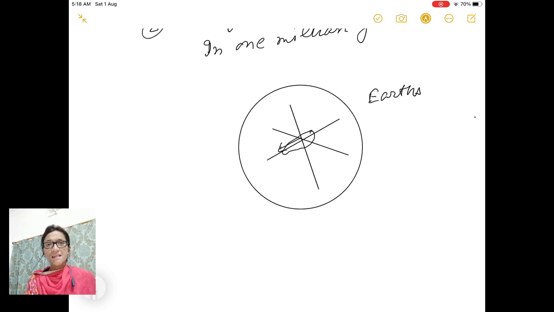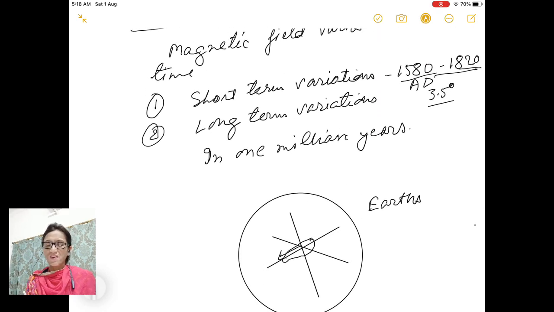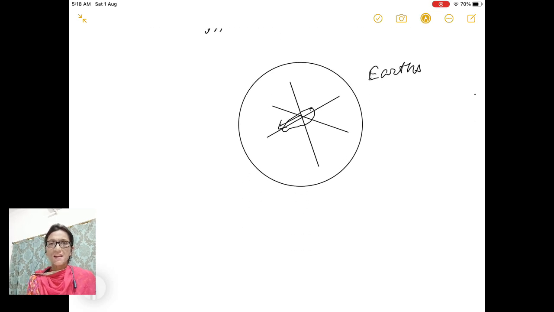And this magnetic field can be totally known. All the magnetic field on the surface of Earth can be explained if we know the three elements of the magnetic field of the Earth.